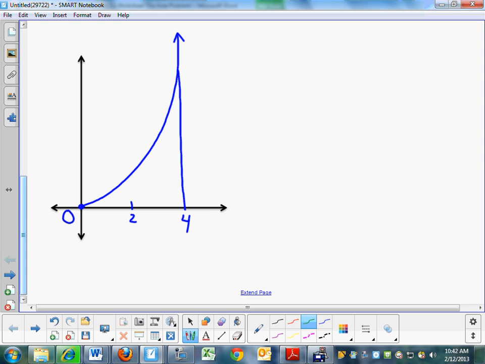2 and 4. I start at 4. And I go all the way up. Can you tell me what is the y value of that rectangle? How high is that? 16.